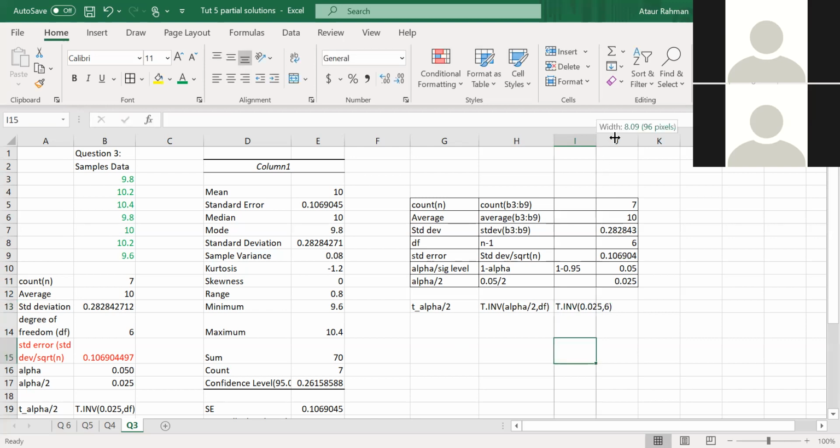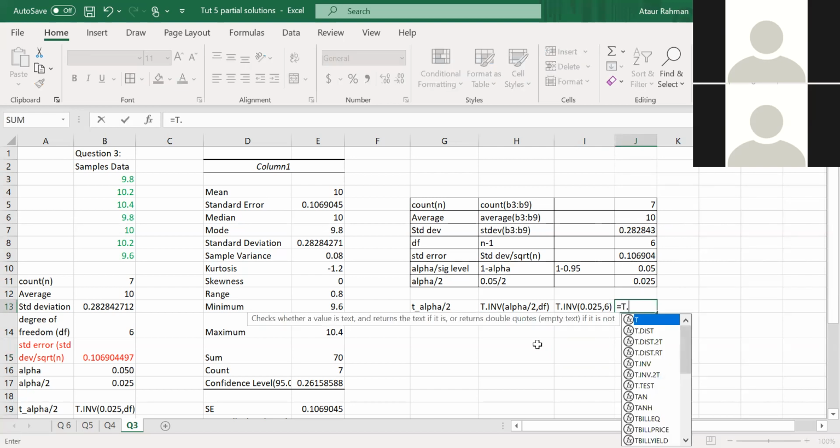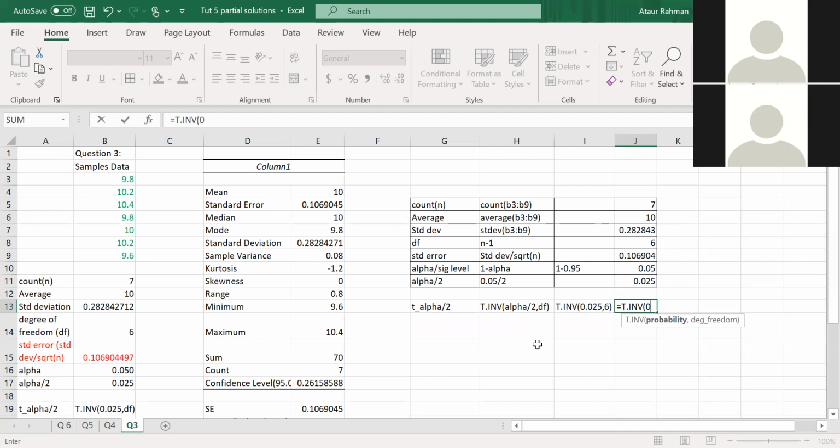So I'll make it a little bit bigger cell here. So now I want to find out that now I put an equal sign, t dot inv, and my probability is 0.025, and 6 is my degree of freedom.